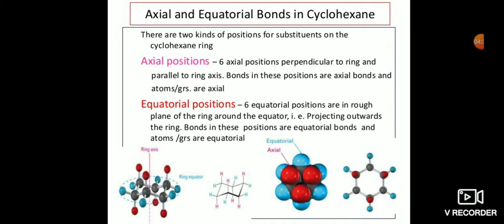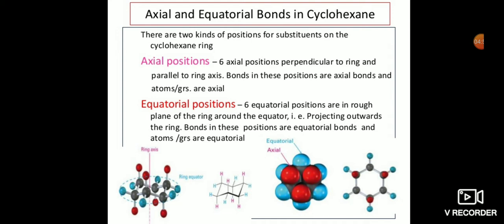One is the axial position and the other is the equatorial position. In cyclohexane there are 6 axial hydrogens and 6 equatorial hydrogens; in the case of another substituent, 6 positions are axial type and 6 positions are equatorial type.